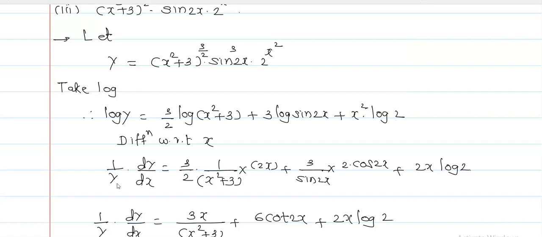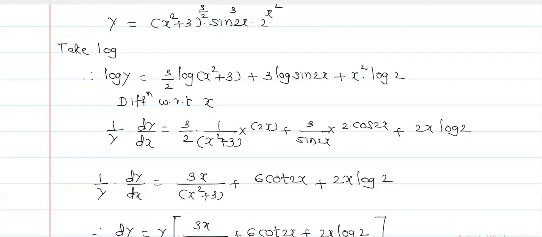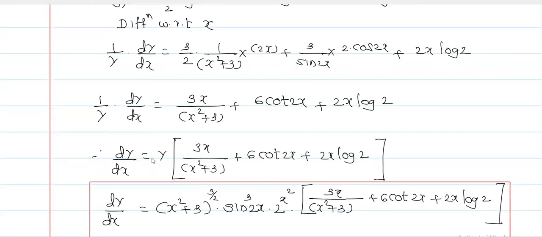Differentiate this with respect to x. 1 upon y into dy by dx is equal to 3 by 2, 1 upon x square plus 3 into the derivative of x square plus 3, which is 2x, minus 3 upon sine of 2x into the derivative of sine of 2x, which is cos of 2x into the derivative of 2x, which is 2. The derivative of x square is 2x log of 2. Therefore, 1 upon y into dy by dx is equal to 3x upon x square plus 3 plus 6 cot of 2x plus 2x log of 2. Therefore, dy by dx is equal to y in bracket 3x upon x square plus 3 plus 6 cot of 2x plus 2x log of 2. And hence the answer.